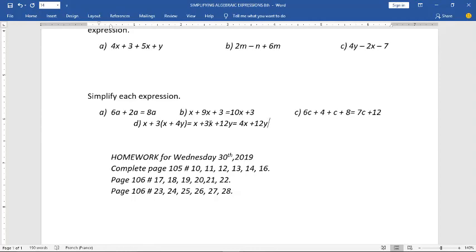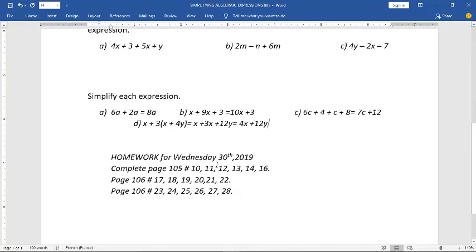So the simplified expression is 4x plus 12y. The simplified expressions are 7c plus 12, 10x plus 3, and 8a.